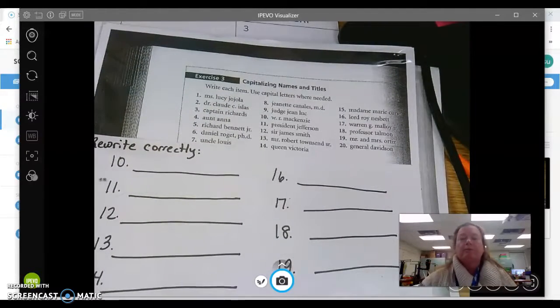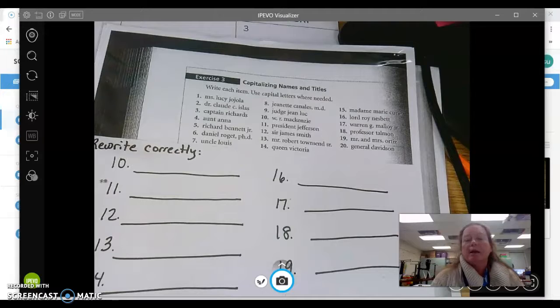Exercise 3. You're going to take your Cami and, for 1 through 10, you are just going to go above it and mark over it. Okay? So Mrs. Lucy Jojola, you're going to capitalize the M, the L, and the J. All right?